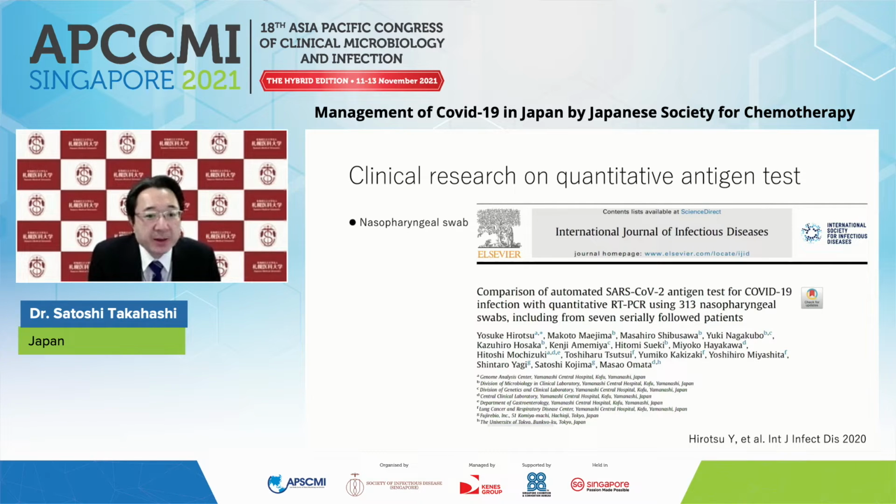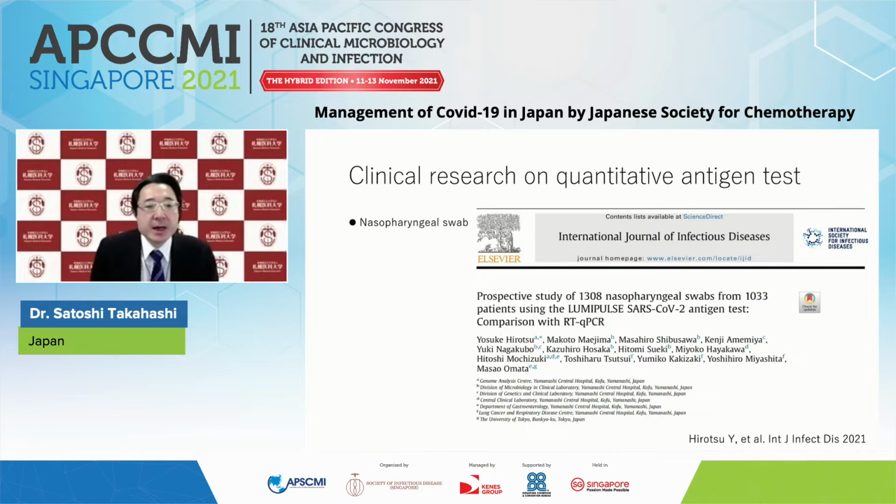It's from Japan. Yamanashi Central Hospital is near Tokyo. They used nasopharyngeal swabs to detect SARS coronavirus 2.